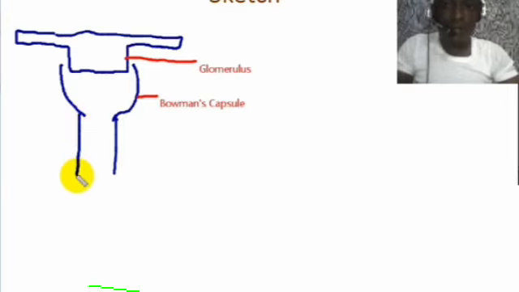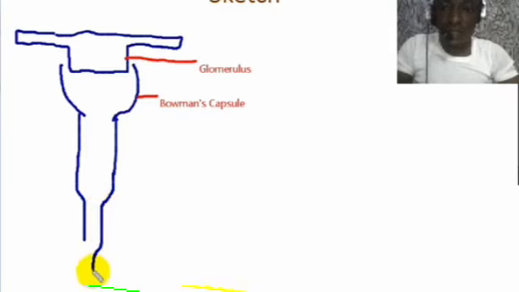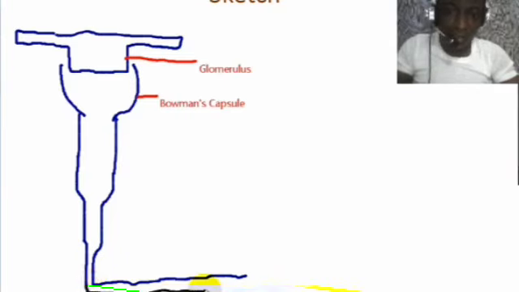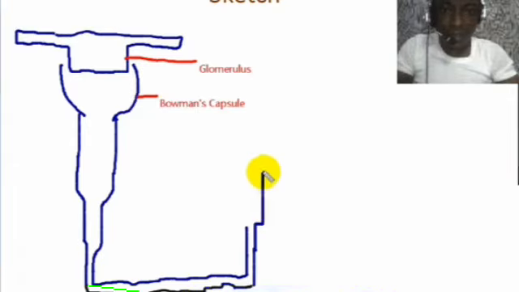From the Bowman's capsule, the PCT arises, and from the PCT, the thick descending loop of Henle arises, and then it gives rise to the thin descending loop of Henle. The hairpin bend connects the descending and the ascending loops of Henle. This is a rough sketch, so don't laugh at me. From the hairpin bend, the thin ascending loop of Henle originates, and it further gives rise to the thick ascending loop of Henle.